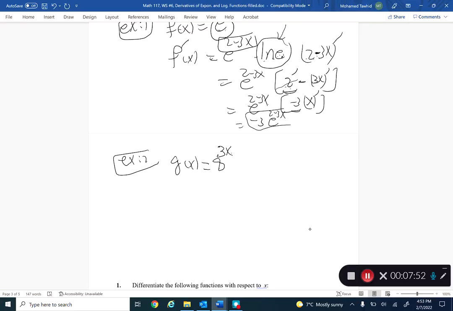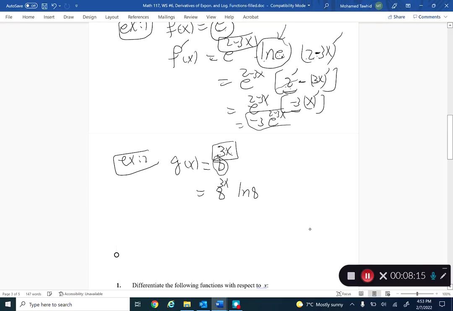What is your b? Your b here is 8. What is your exponent? 3x. Is 8 positive? Yes, a positive number. So the derivative of any exponential function should be exactly the same, times ln 8.